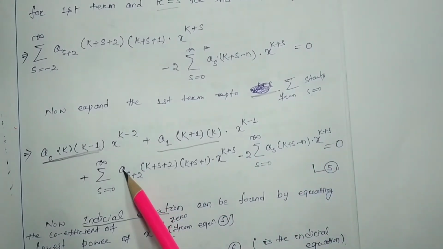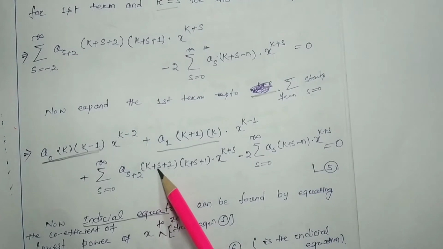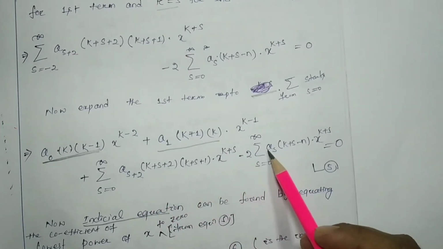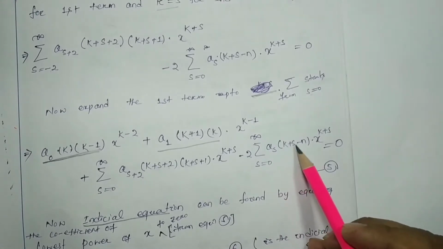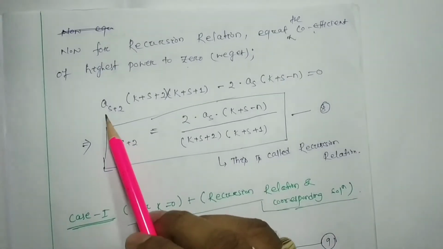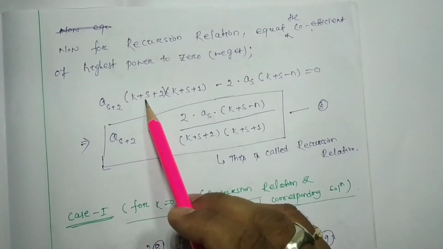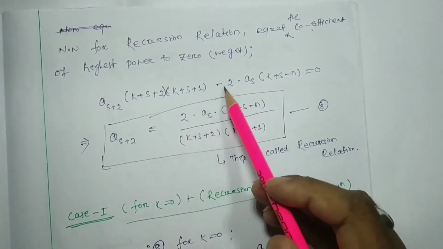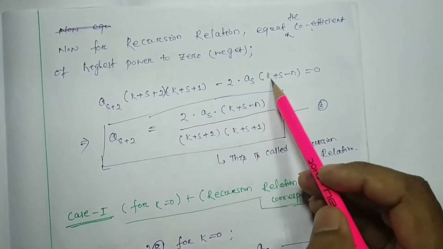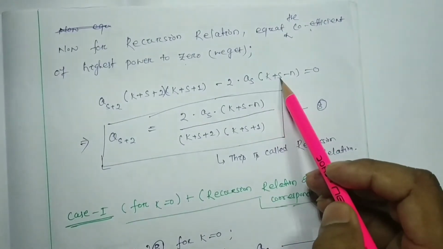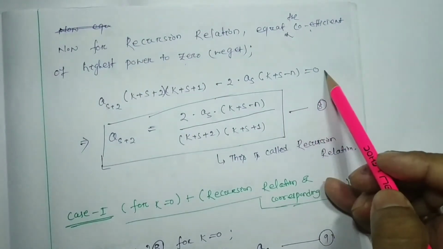It will be a(s plus 2) into (k plus s plus 2) into (k plus s plus 1) minus 2 a s into (k plus s minus n). The same thing is written over here: a(s plus 2) into (k plus s plus 2) into (k plus s plus 1) minus 2 into a s into (k plus s minus n) equal to 0.